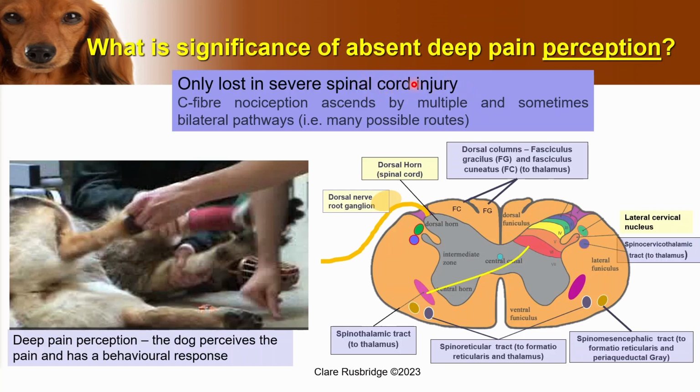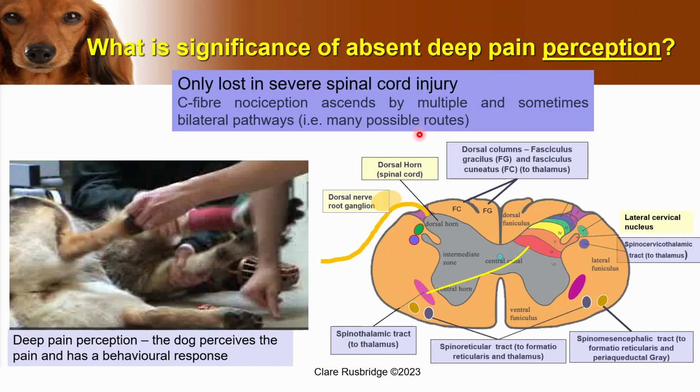And the reason why having no deep pain perception is so important from a prognostic point of view is that C fibre nociception ascends by multiple and sometimes bilateral pathways, and it decussates. So there are many routes up to the brain.